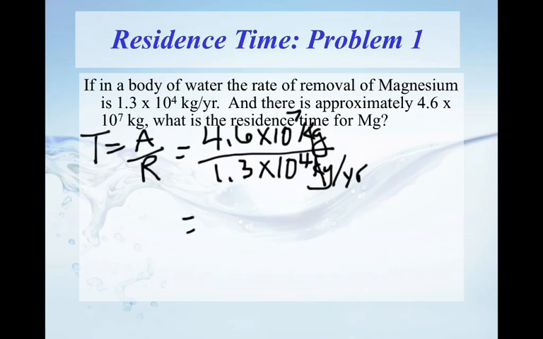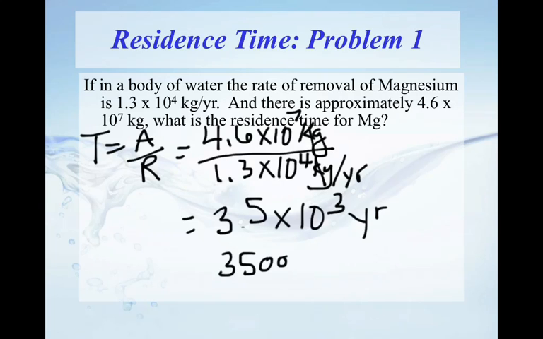Go to the calculator. It's like 3.5 times 10 to the 3 years, or 3,500 years for all the magnesium to be removed from that body of water.